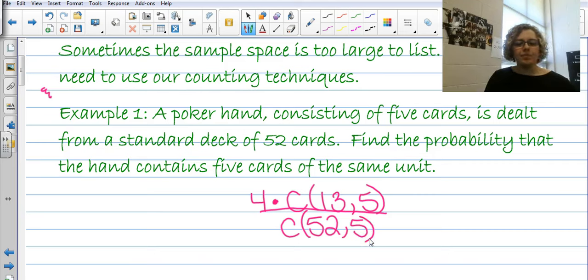Okay? So when I type this in my calculator, I do 13 combination 5 times 4. And then I do 52 combination 5.